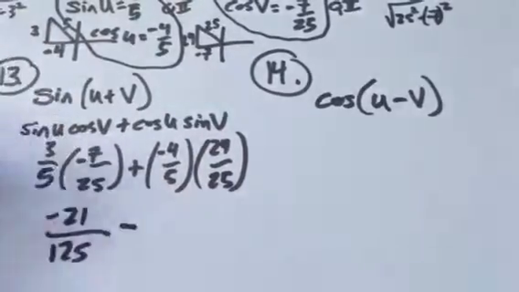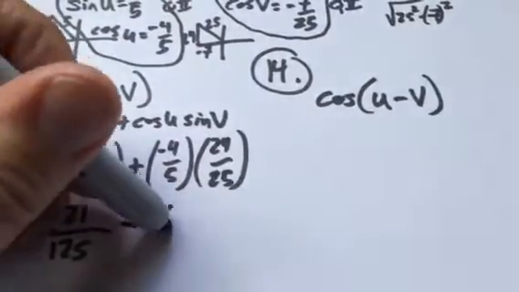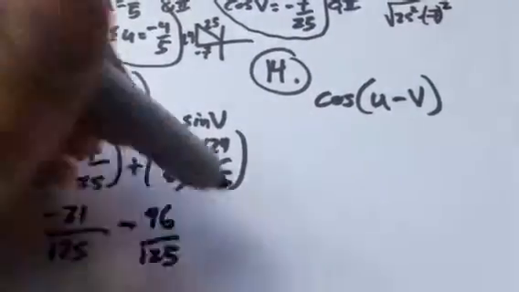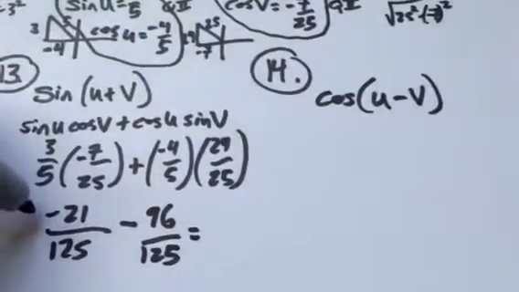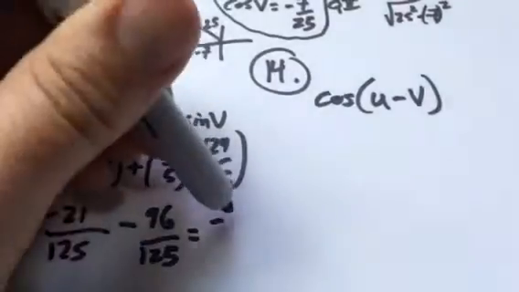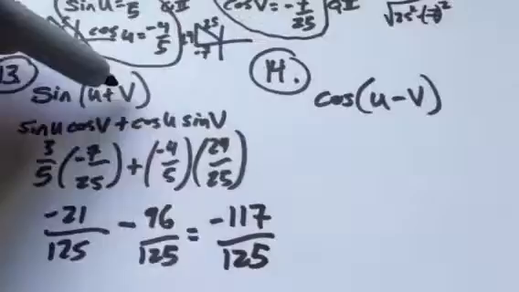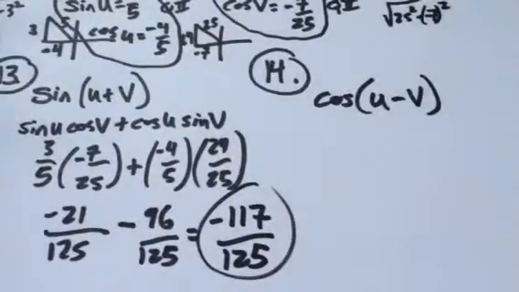Negative times positive, so that'll be minus. 4 times 24 is 96. Also over 125. Negative 21 minus 96 is negative 117. So there's the sine of those two angles added together.